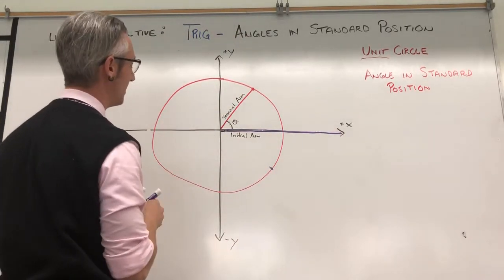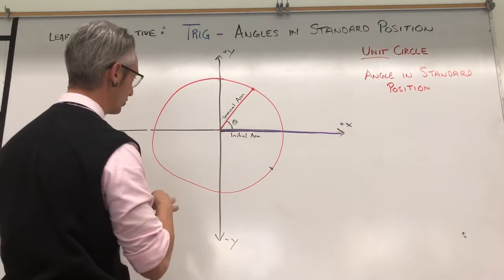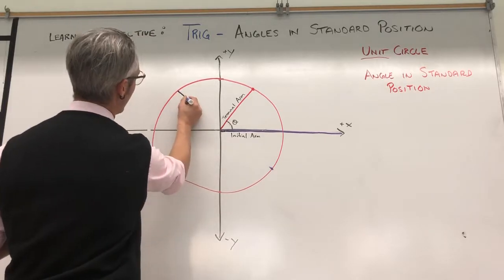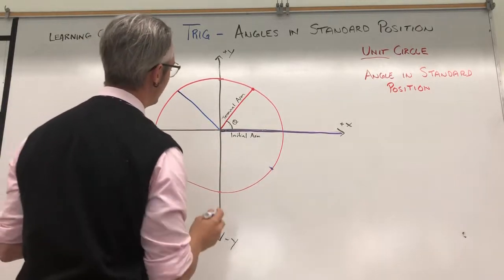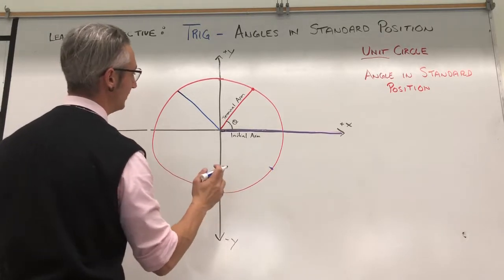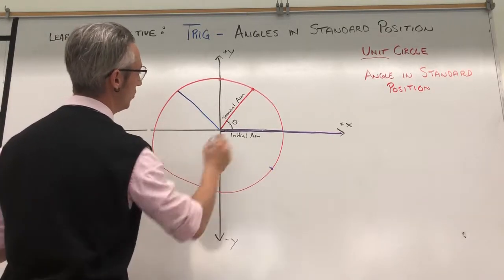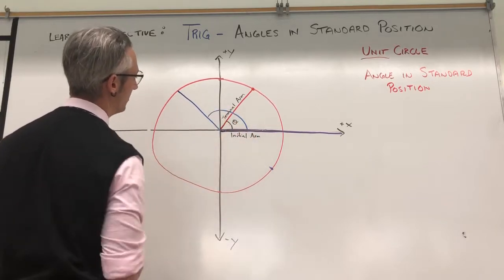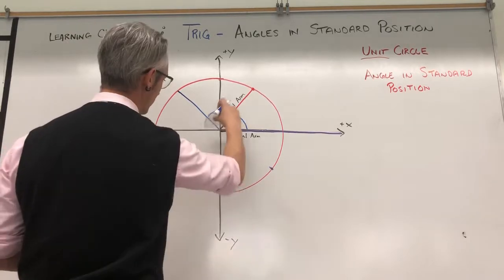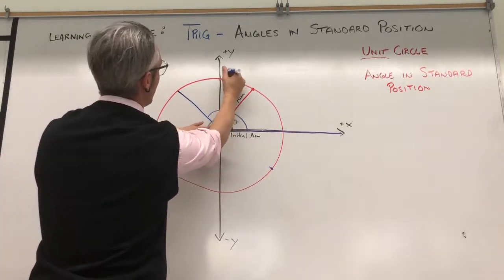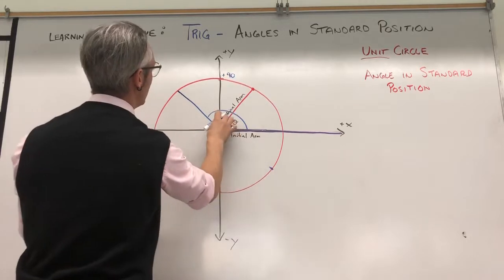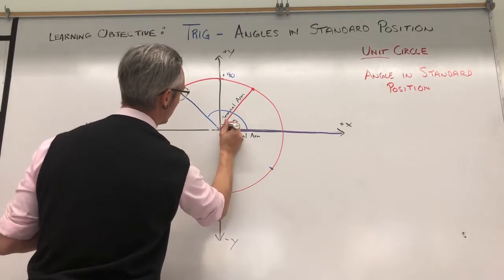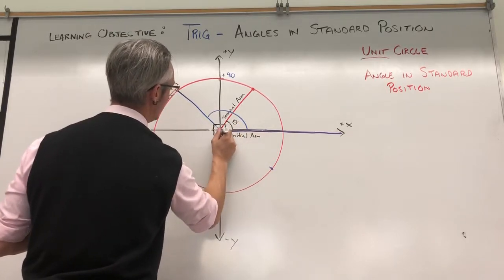And so, say for example, I drew a terminal arm that was over here, okay? So now, my angle in standard position for this one will be the angle that starts here and goes all the way to that arm. So in this case, if I was to measure that angle with my protractor, well, up here is 90 degrees, right? Because each quadrant here forms a 90-degree angle.